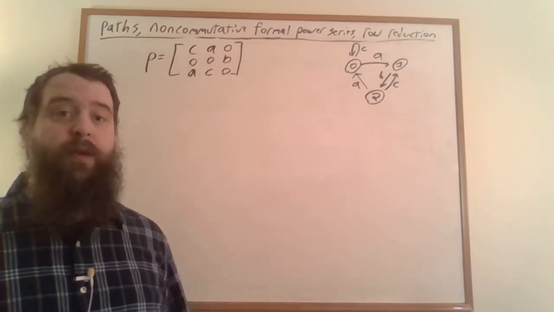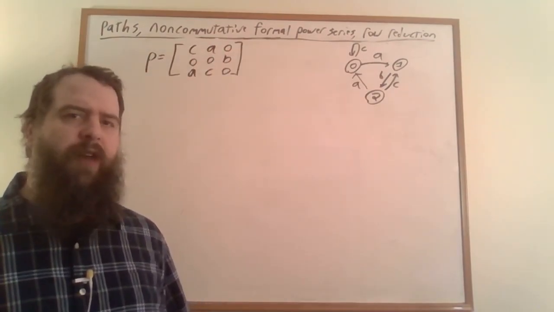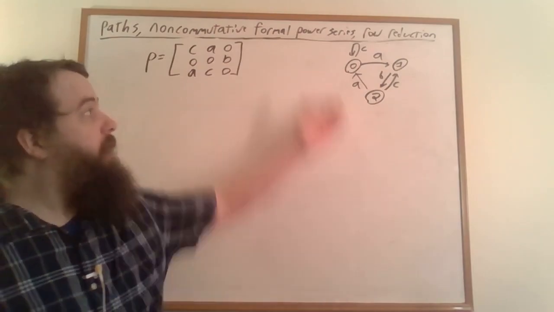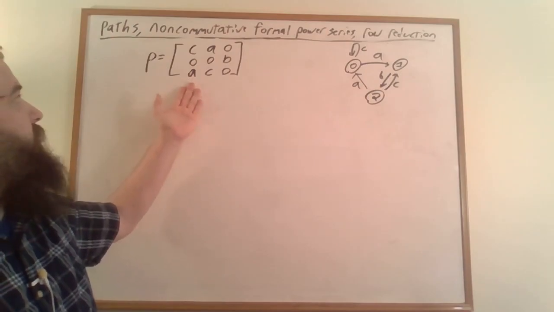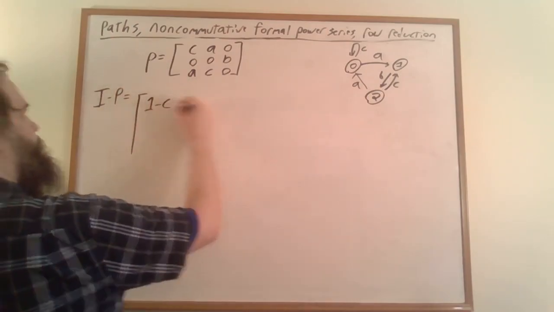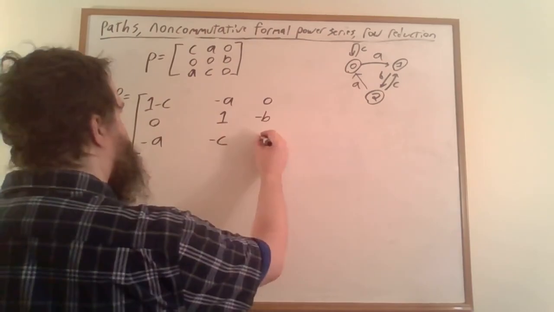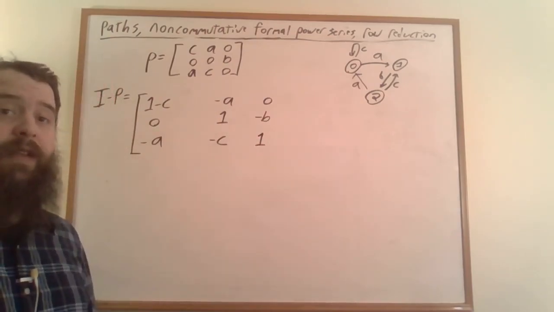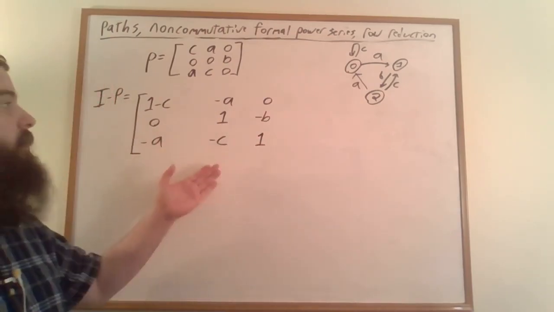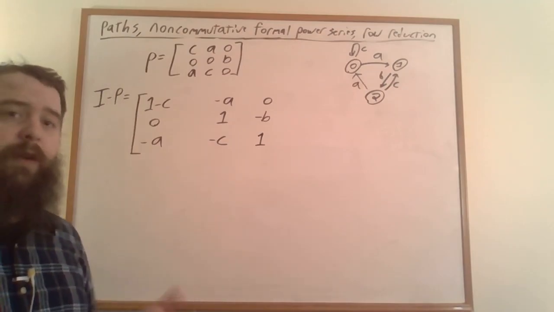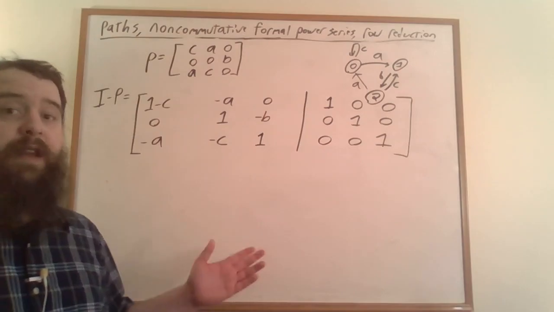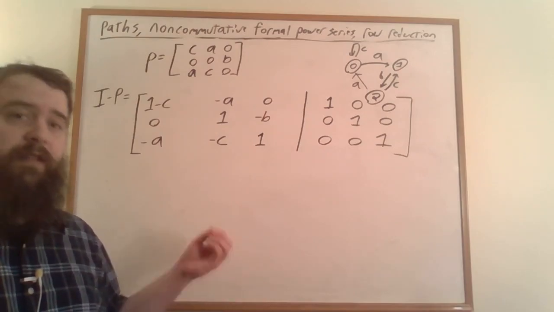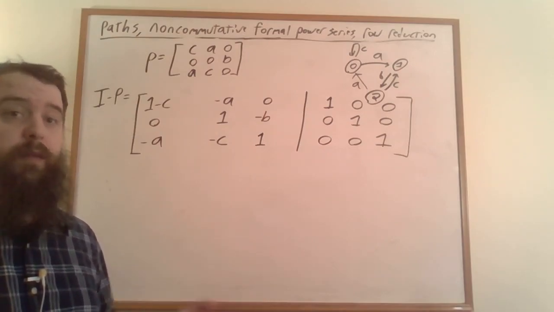I'd like to work through a simpler example just so that the algebra is less messy. Here we have a much simplified graph and its event transition matrix. Our first step is to calculate the matrix I minus p, which winds up looking like this, and then we want to invert it by setting it next to the identity matrix and simultaneously row reducing the two matrices.